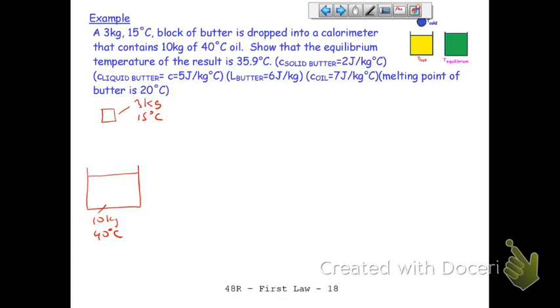We know that the specific heat for the solid butter equals 2 joules per kilogram degree C. The specific heat for the liquid butter, that's interesting, is 5 joules per kilogram degree C. The latent heat of crystallization for butter is 6, and the specific heat for oil is equal to 7 joules per kilogram degree C. The other thing I need is that the melting point for butter is 20 degrees C.